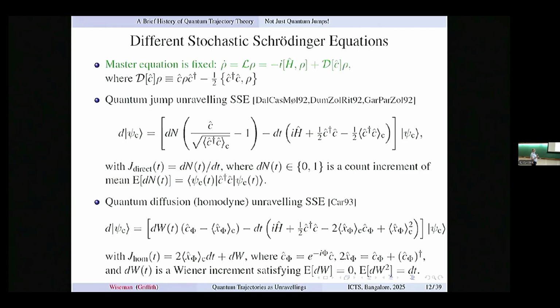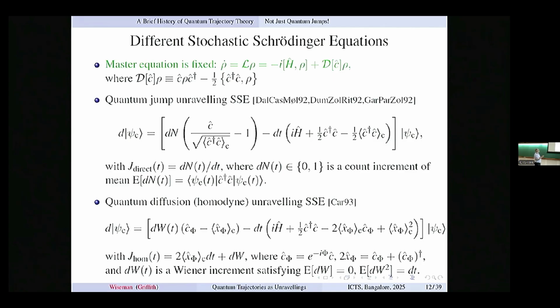And so I can think of the current as being that divided by dt, so it's a series of delta functions. And the mean of dN, oops, I left out a dt, so what I've written here is actually the mean of the current, is given by this expression, the average of the C-dagger-C operator for the quantum state.